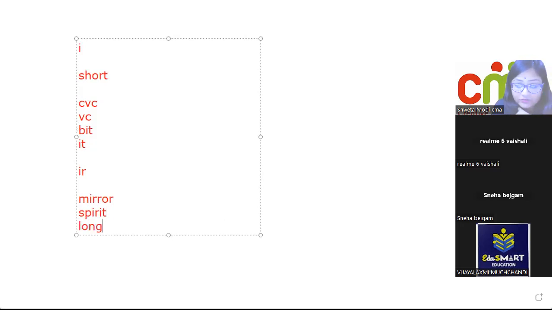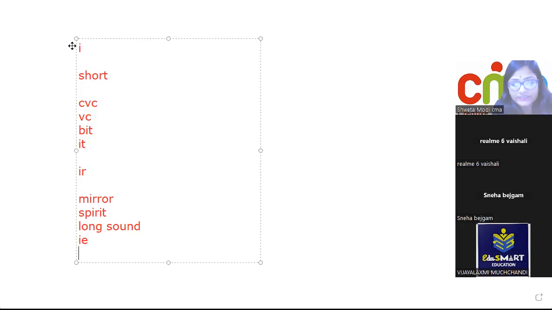Now I can make a long sound. When does I make a long sound? When it is paired with E sometimes. Yes, like in the word tie. So it has a long sound. Tie, lie, die.